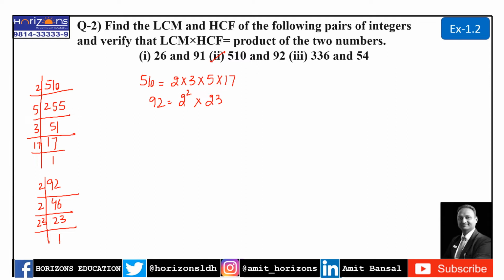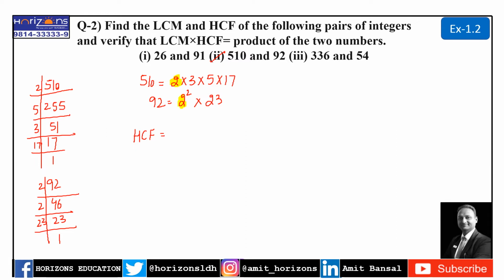Now to find the LCM and HCF using prime factorization, what do I have to do? To find the HCF of two numbers, we will first find the prime factorization of the numbers and then look out for common factors. For example, in 510 and 92, the common factor is this 2.